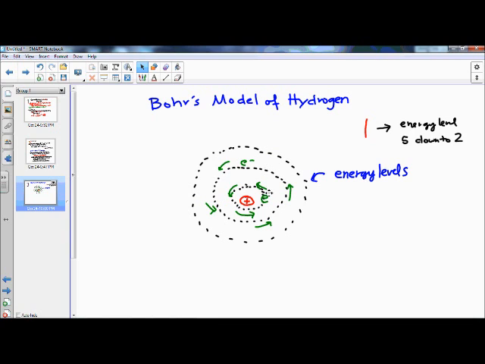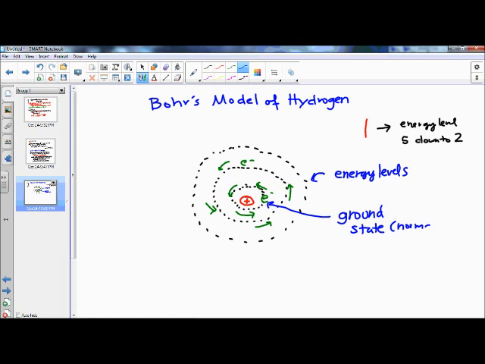So the electron would be down here in this first level, and Bohr decided to call the normal resting state, the non-excited state, the ground state. This is where the electron is normally located.